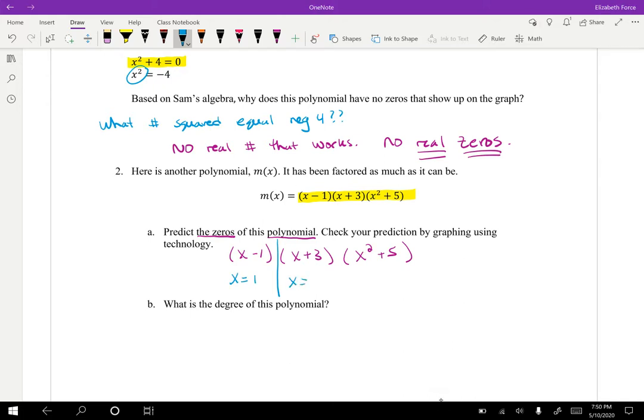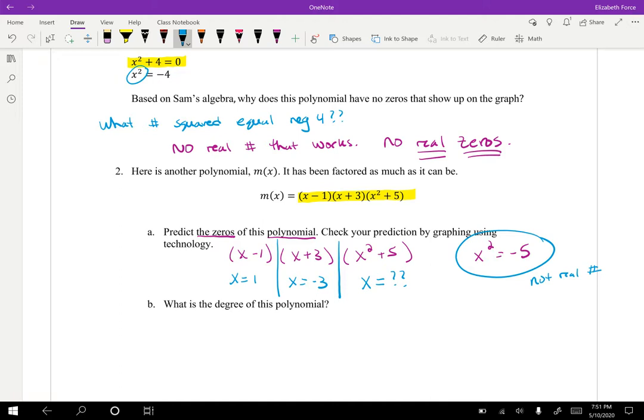I've got a 0 at negative 3, but I don't have a real 0 here, because what do I square and then add to 5? The only thing that adds to 5 to give me 0 is negative 5, and there's no way I can square a number and get negative 5. This is not a real number.